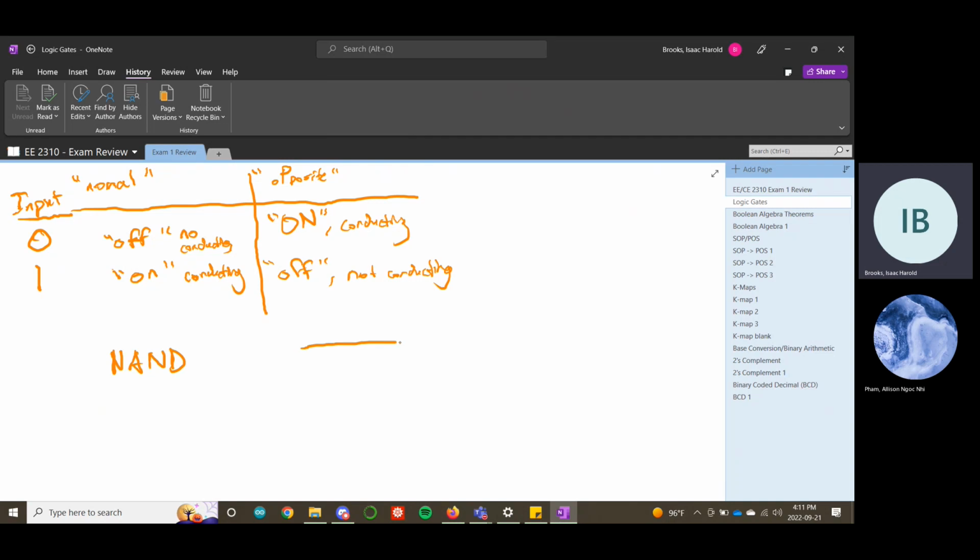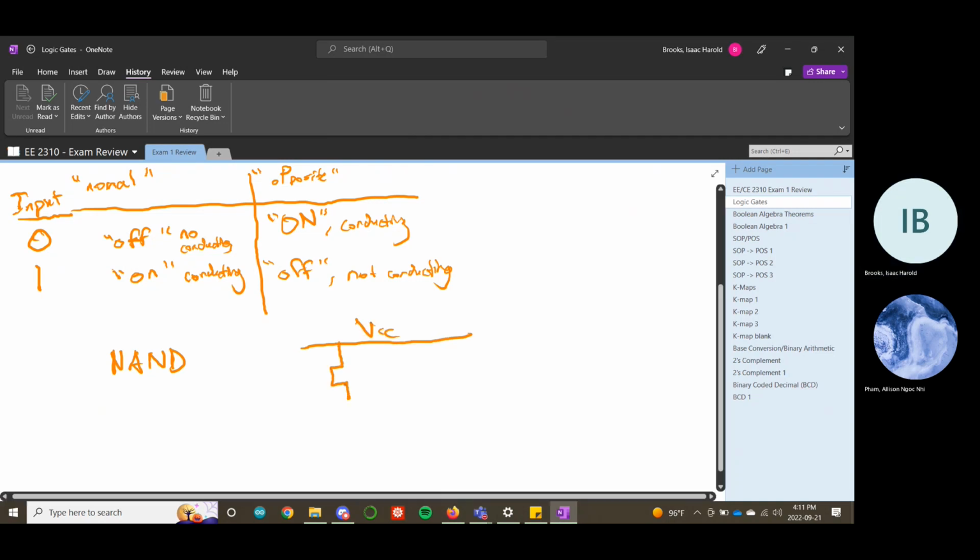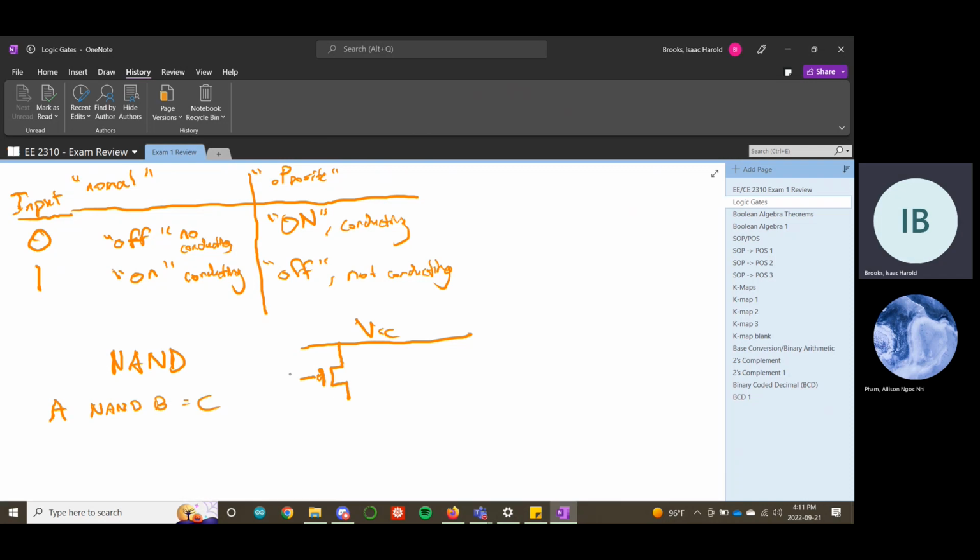So that starts out, you've got your VCC, and you have the two, we'll call this A NAND B equals C, right? So this one can be A, and then this next one is B. Notice these are both PMOSs on the top.